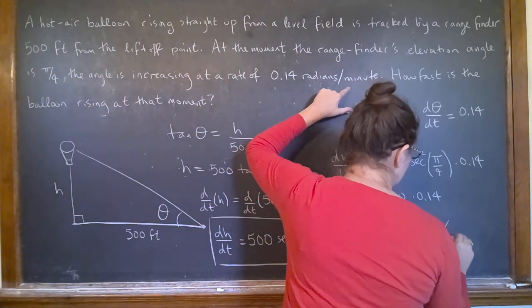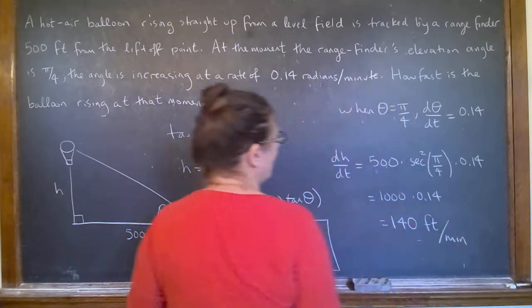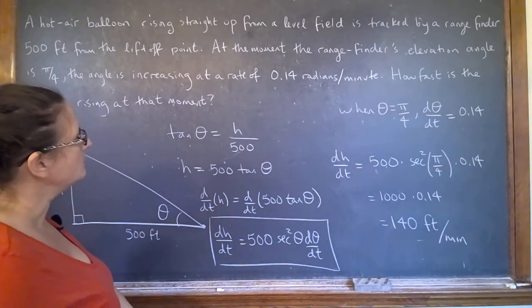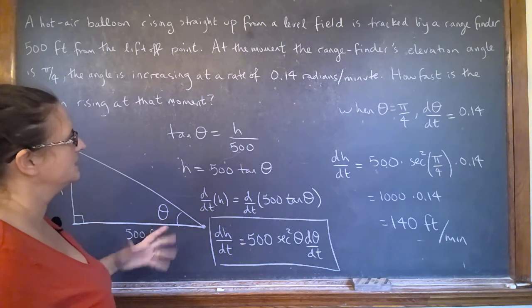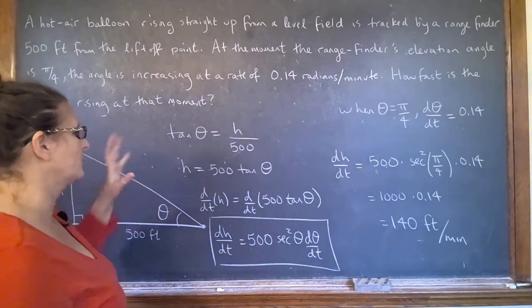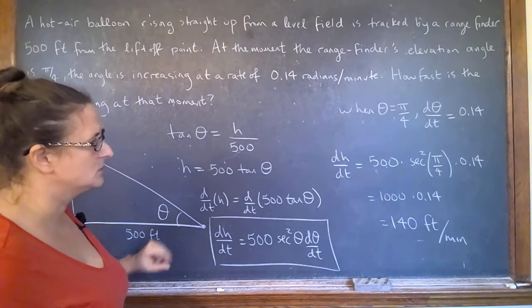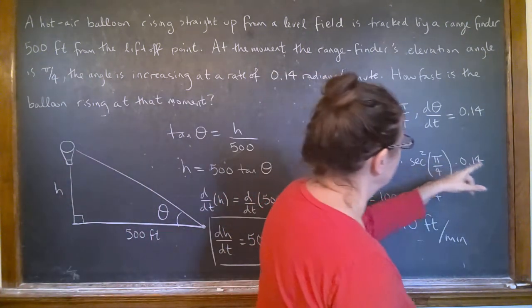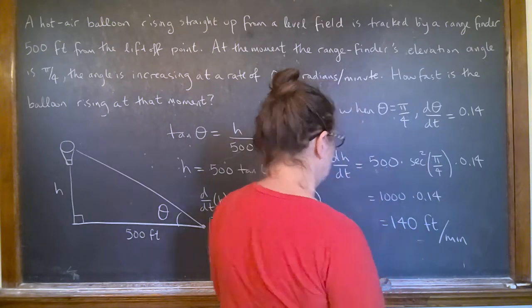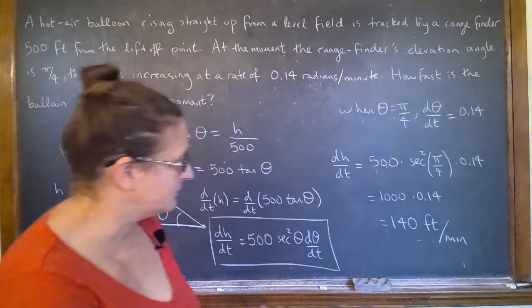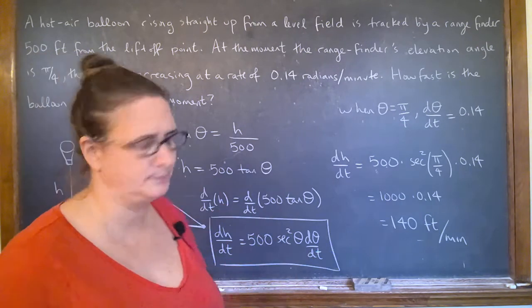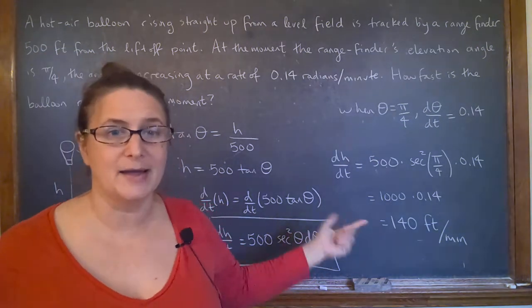So feet per minute is my correct unit there. You could do a whole units thing, but you can just work it out: here's your feet, and then this is minutes, and secant will give you a number with radians. Anyhow, so there's my answer.